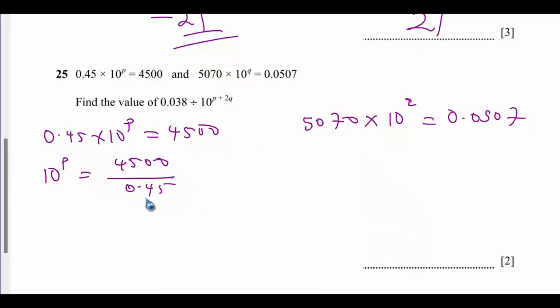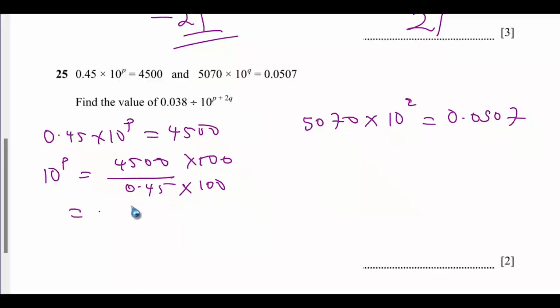So to make 0.45 a whole number, we multiply by, I think, 100. So we do the same thing here. That is 10 raised to the power of 2. So if we do this, we're going to have 4500 times 100.